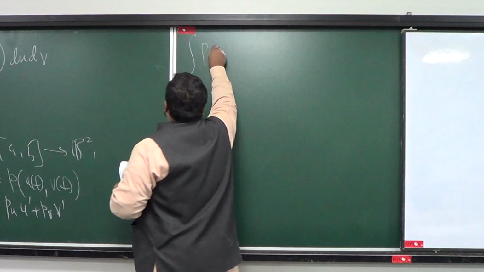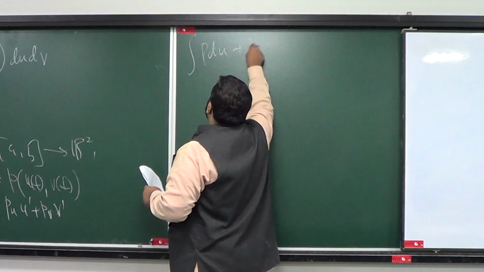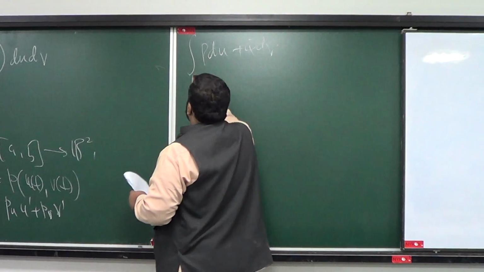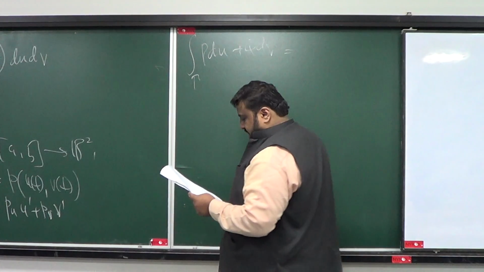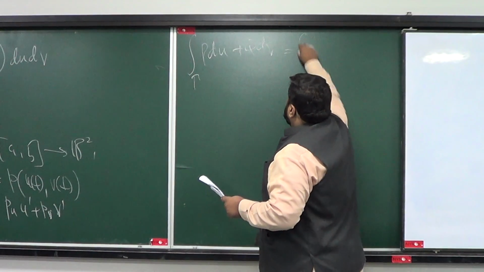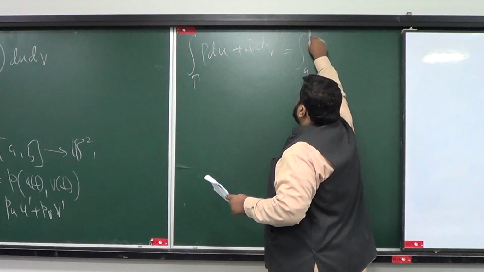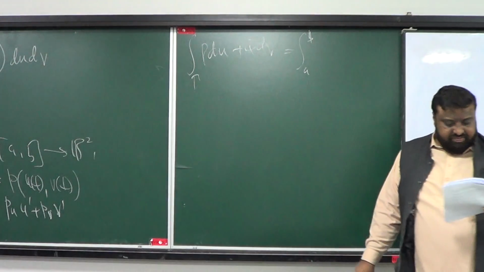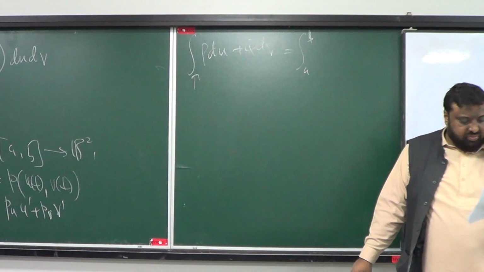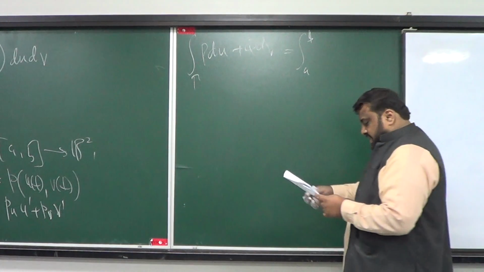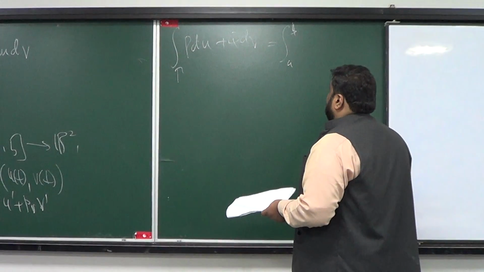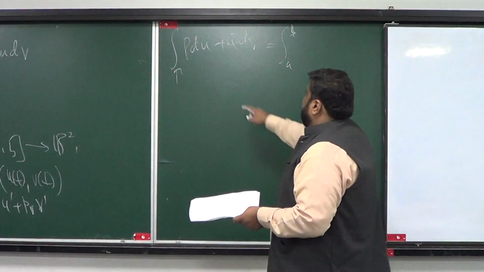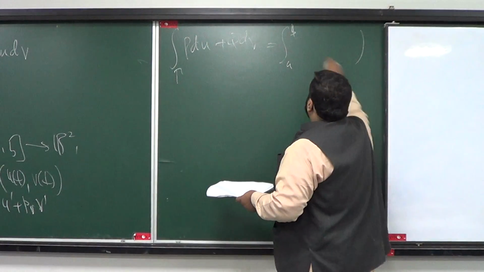So I want to compute this P du plus Q dV over this gamma. If you want to compute it, and say if you want to write it in terms of A and B, so what we need to do? You can do it by, for example, dividing by dt.